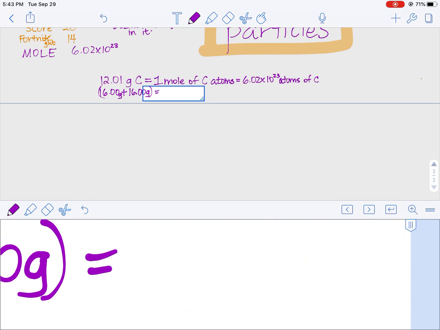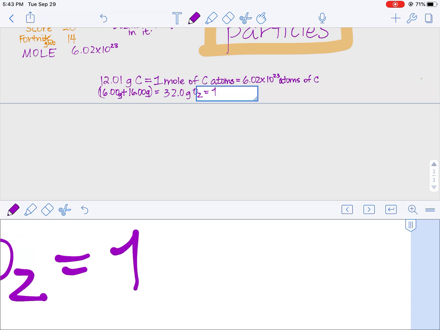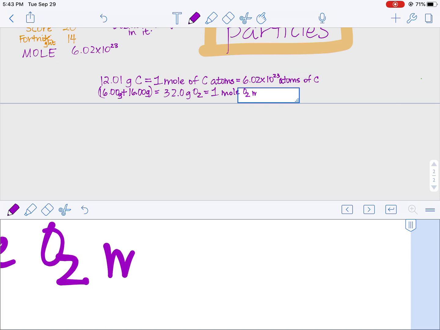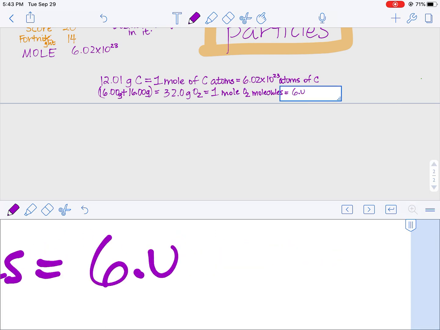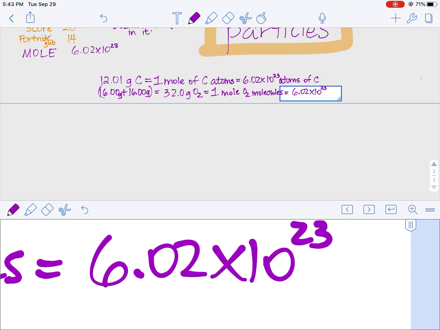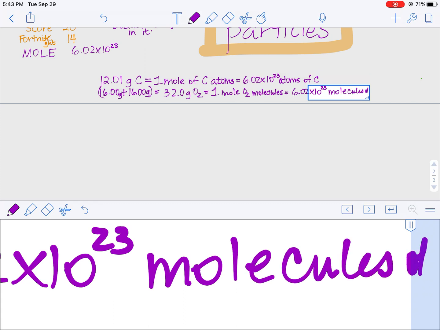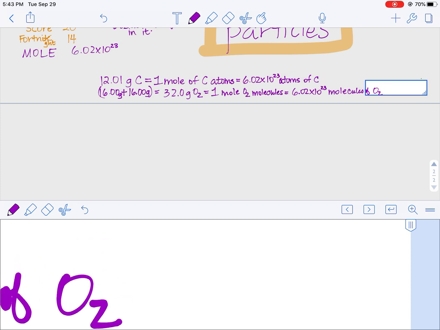So that gets us to 32 grams of oxygen would be 1 mole of oxygen molecules, because it's diatomic, which means there are 6.02 times 10 to the 23rd molecules of oxygen. Now, if I wanted to figure out how many individual atoms there were, I'd have to multiply that by 2, because every molecule has 2 atoms in it.